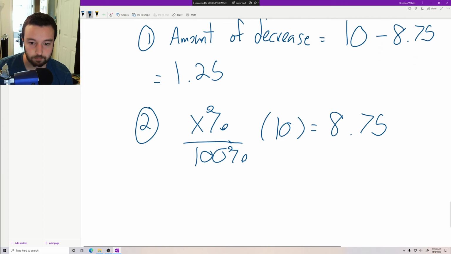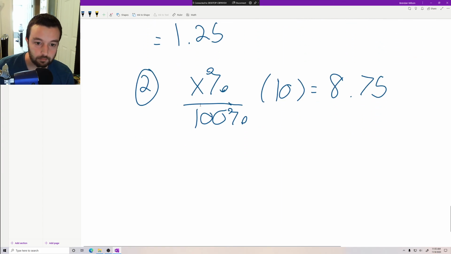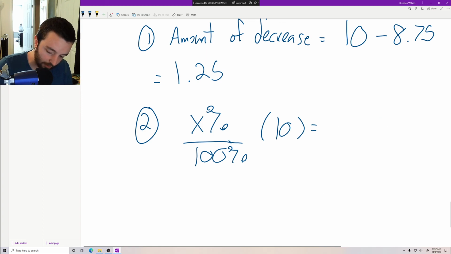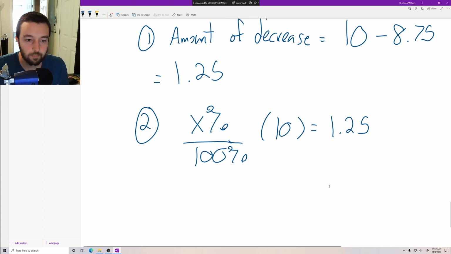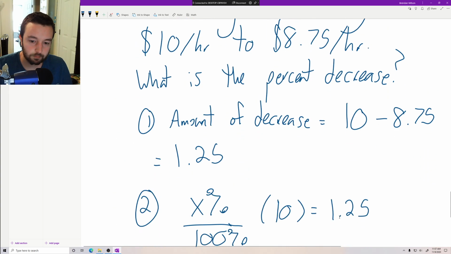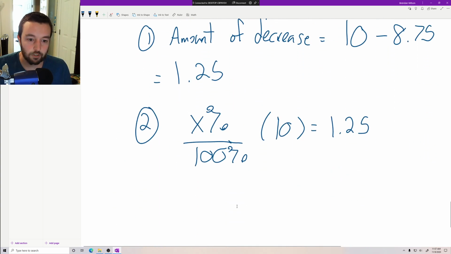Okay. Sorry, I did this wrong. This shouldn't be 8.75, right? This should be the amount of decrease, which is 1.25. So analogous to the situation up here. So we're doing what percent of 10 is 1.25, the decrease.